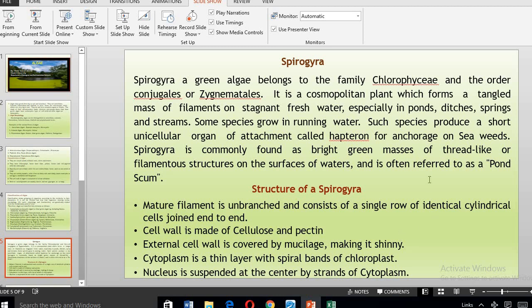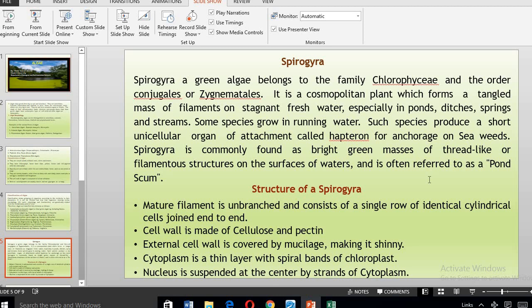This is a cosmopolitan plant. Cosmopolitan means it can be found in either a water habitat or on land. Spirogyra is cosmopolitan, and it forms a tangled mass of filaments on stagnant fresh water.